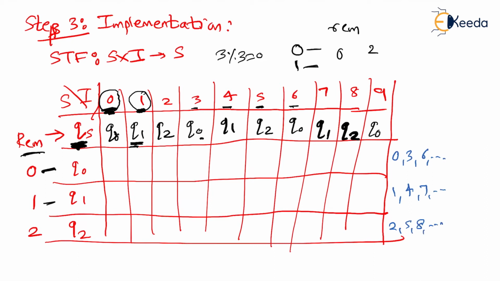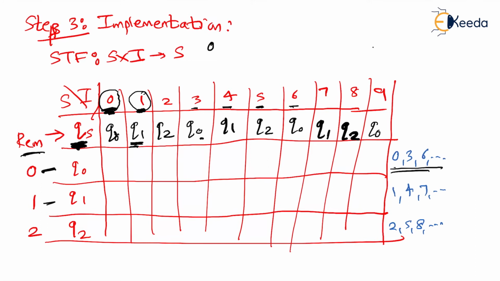So coming on to the state Q0, as I told you, Q0 can hold numbers like 0, 3, 6, 9. So we can actually consider any of the numbers. For simplicity, right now I am considering, it is just an assumption, that Q0 is currently holding a number 0. Let me write the number over here. So the number is 0.